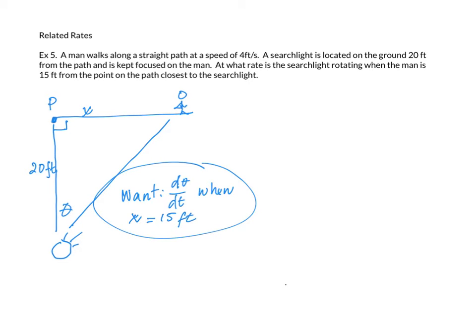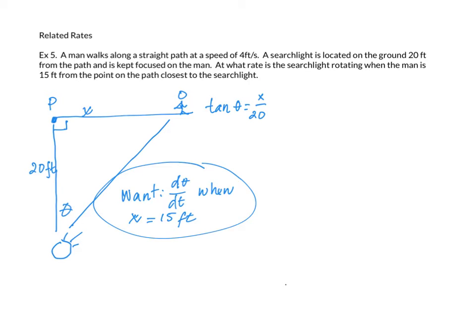To find d theta dt, we need to relate the picture using trigonometry. We have x opposite and 20 adjacent to theta. We are going to use tangent. So the formula based on the picture is tangent theta equals x opposite over adjacent, which is 20.